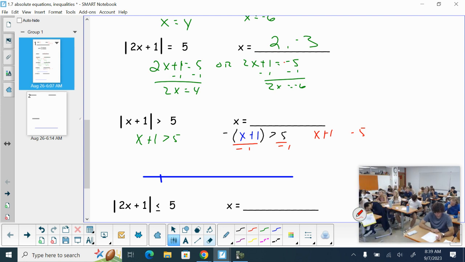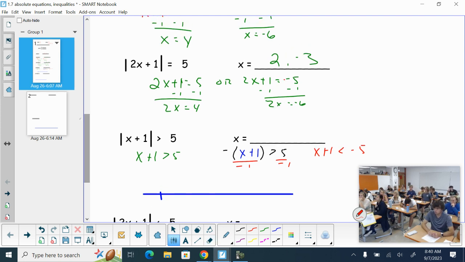So we have x plus 1 is less than negative 5. Okay, now this is an extra step that you can go through. What we like to do is just remember patterns. If you remember patterns, this is the exact same thing here. I have x plus 1 is less than the value of negative 5, but I just have to remember to turn that sign around.